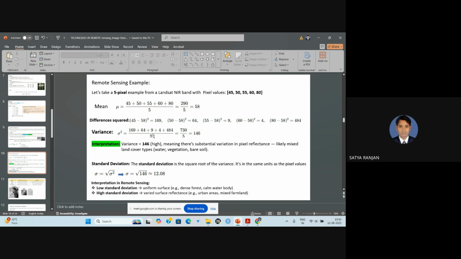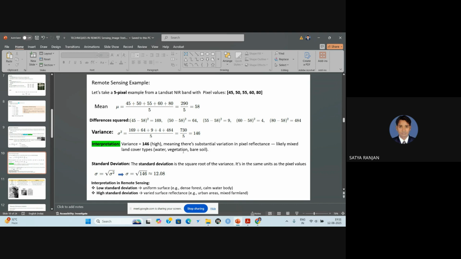Then 730 by 5 is 146. So the variance is 146. It means if the range is 0 to 255, then 146 is a high variance, meaning there is substantial variance in pixel reflectance, likely mixed land cover types, water, vegetation and all other features.